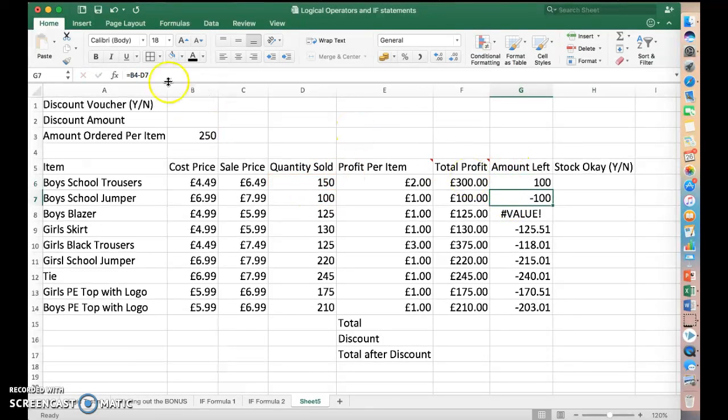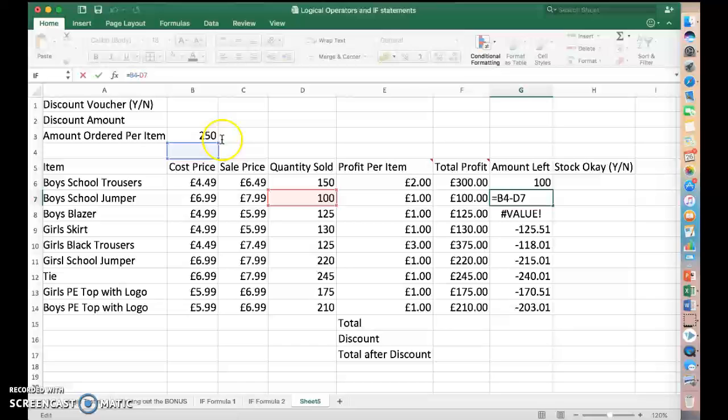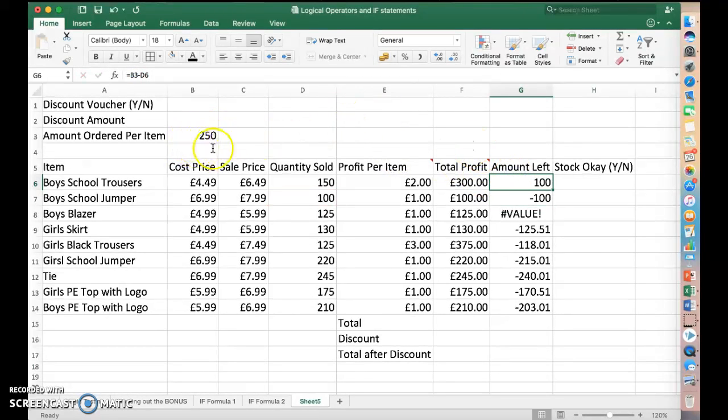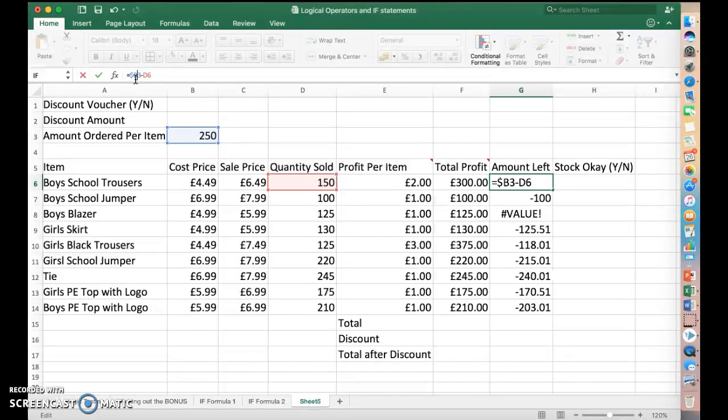But when we drag down, the next one is saying B4 take away D7. B4 is empty. We need to stay here. We need this cell to be absolute. So when we write the first one, to make that cell absolute, if you can remember, we pop a $sign in front of the letter and a $sign in front of the number in here.